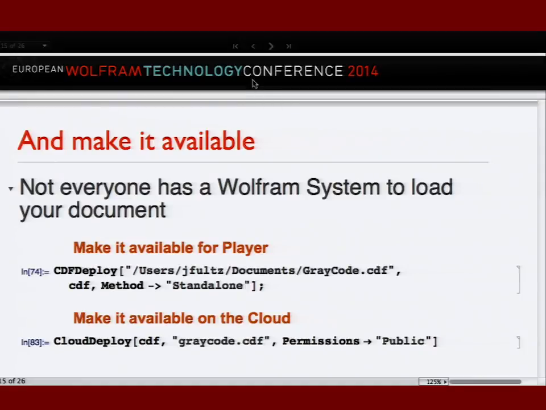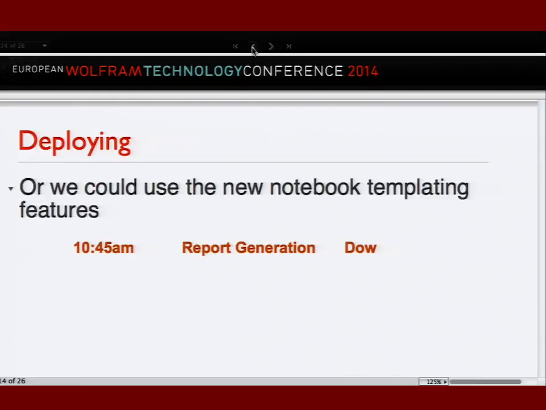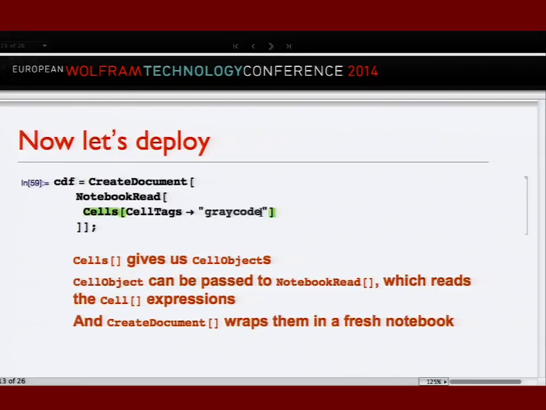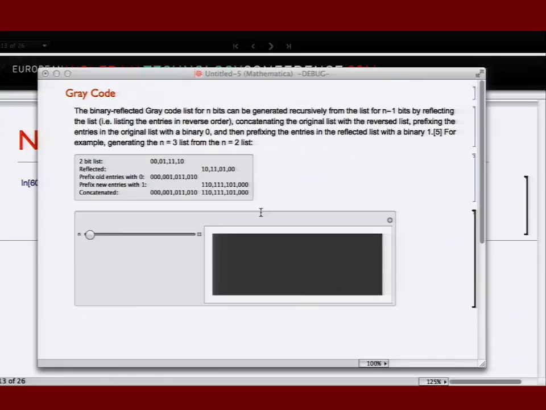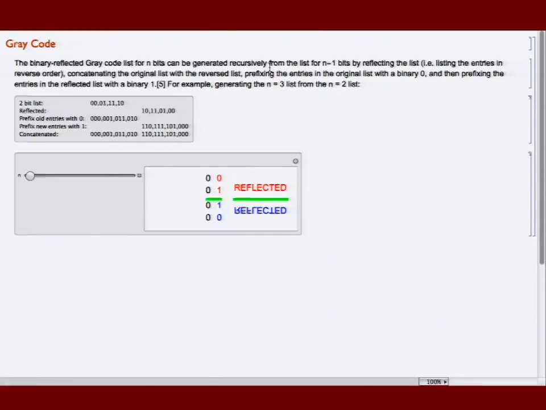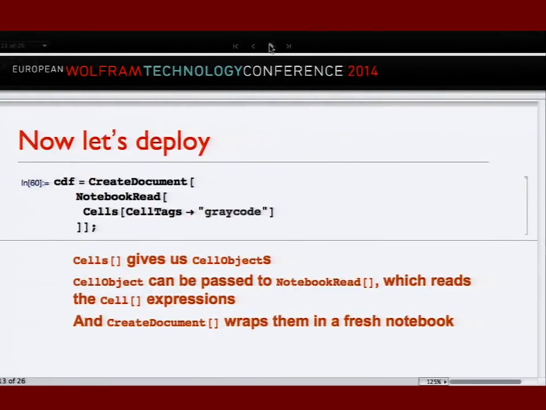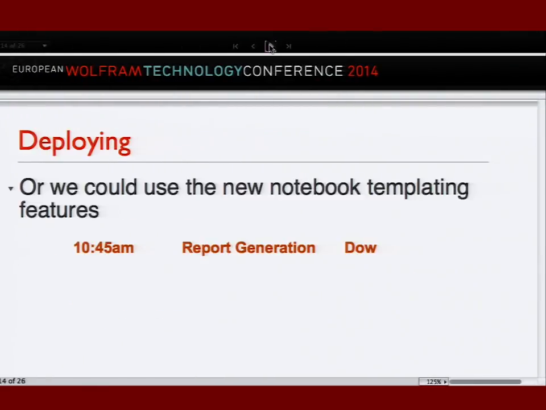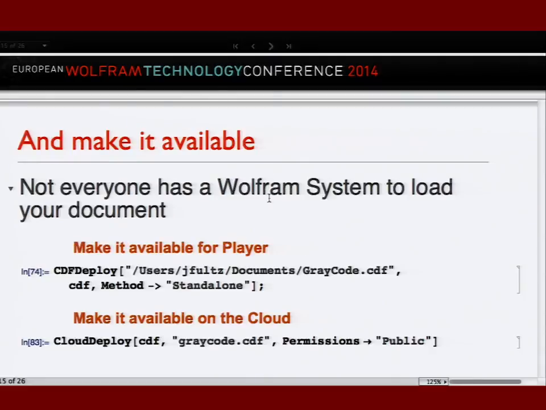Okay, so now that we have it, let's make it available. And I just realized that I closed that notebook, so let me rerun the deployment again. Here we go. Okay. So how do we actually send it out to the world?